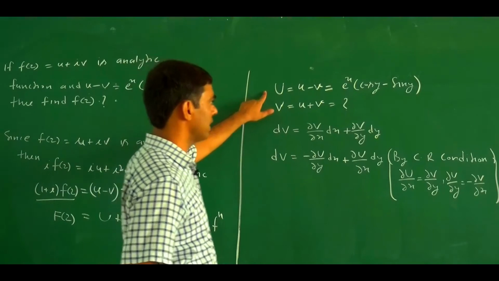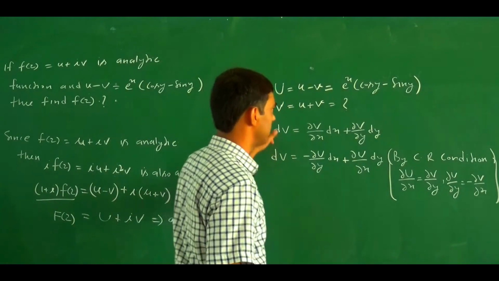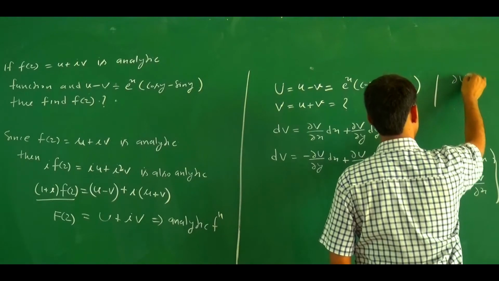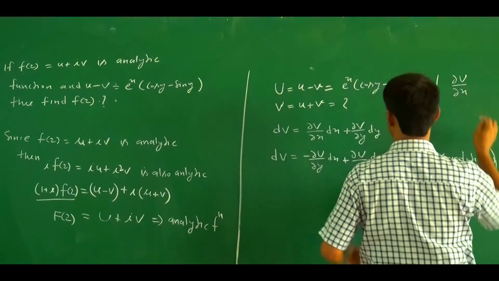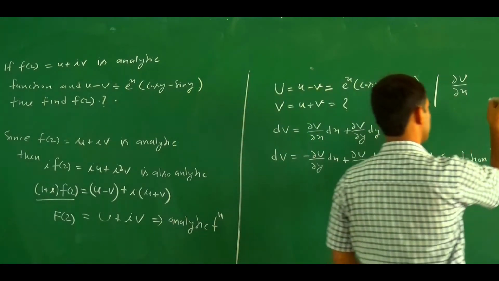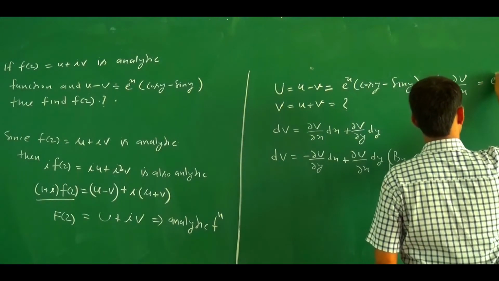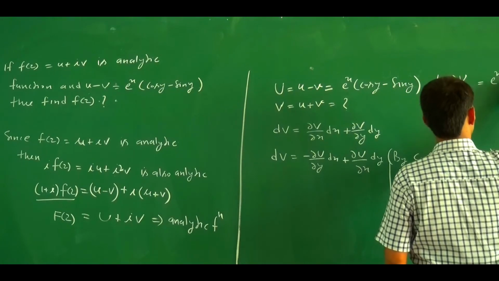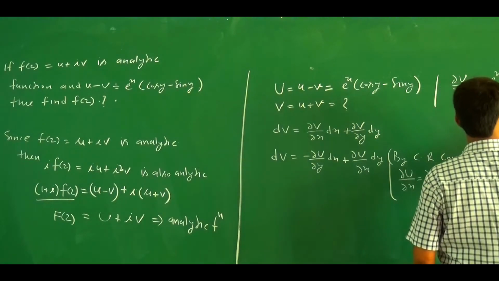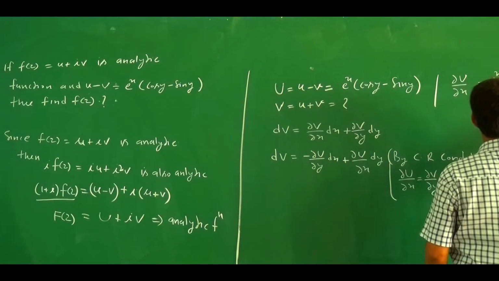Now what is the value of ∂U/∂x? If you find the partial derivative of this one, what is ∂U/∂x? The partial derivative of capital U with respect to x is e^x (cos y − sin y).